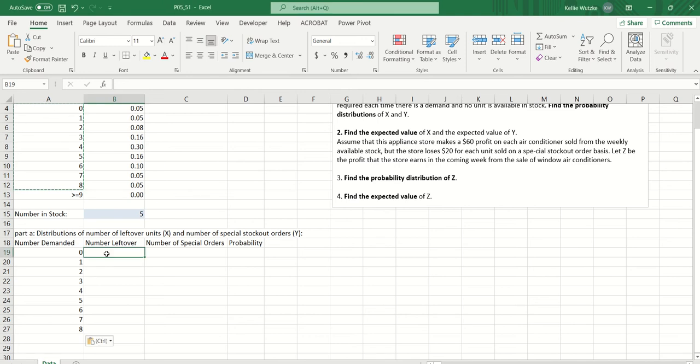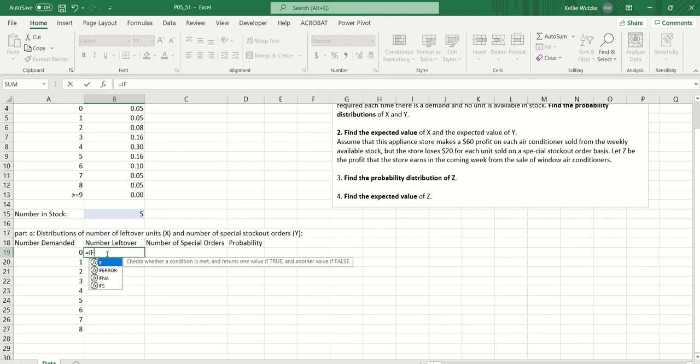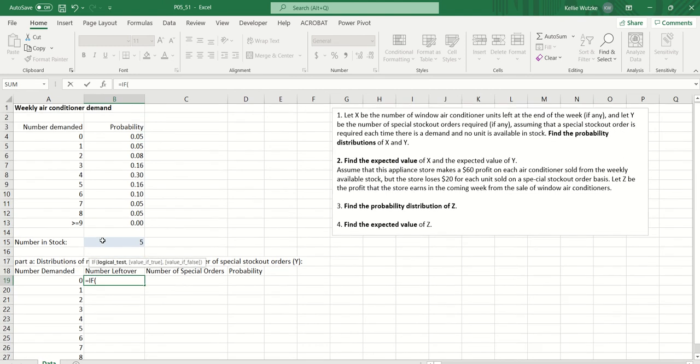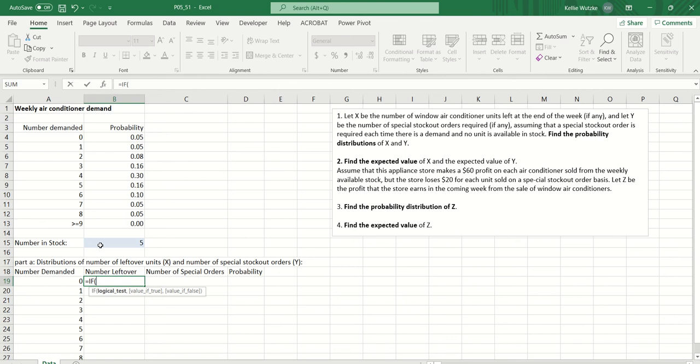In this case, we say IF B15, or the number in stock, and I want this fixed, so I'm going to hit F4, and it will fix my cell on this number in stock. When I drag this formula down or over, it will not change this reference, and that will be an absolute reference.